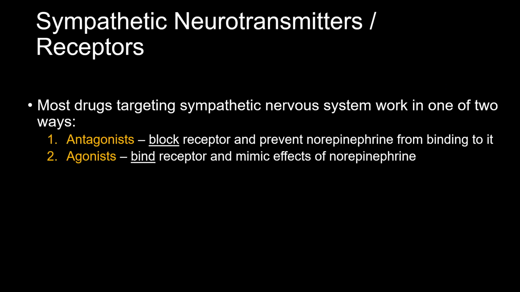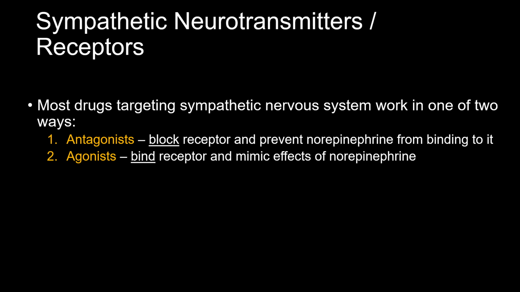And so they basically work in one of two ways. They are either antagonists, blocking the receptor, preventing norepinephrine from binding to it, or they are agonists and they bind to that receptor, mimicking the effects of norepinephrine.